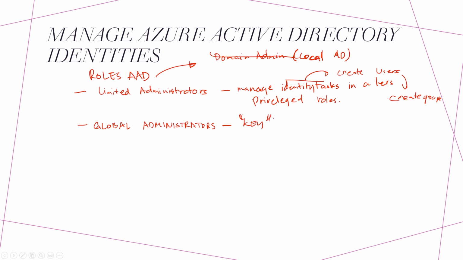When you create a subscription in Azure, the account that you're using automatically becomes the global admin of that Azure AD instance. So by default, keep in mind, the person who signs up for an Azure subscription is assigned the global administrator role for the whole Azure AD organization.